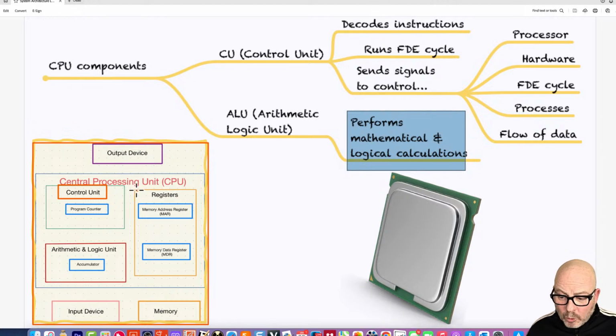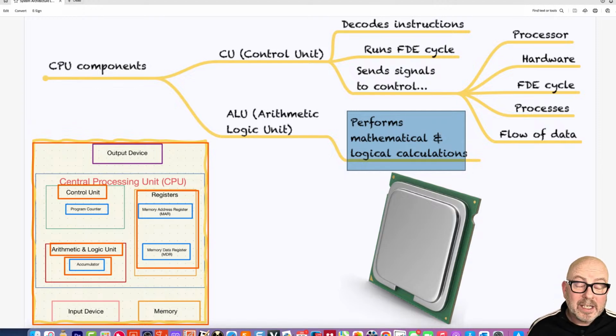And then we've got some more memory registers here. And then we've got the ALU, the arithmetic logic unit. This is the calculator. And the calculator has the accumulator, which is its own memory. It's like a scratch pad, like a clipboard, where it saves a couple of numbers that it might want to go and use later on. Okay, so hopefully this is starting to form in your head slightly that these are the different areas of your computer.